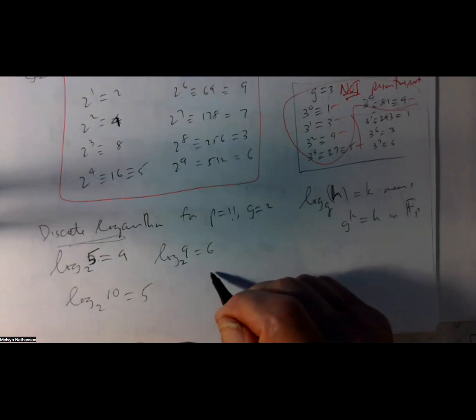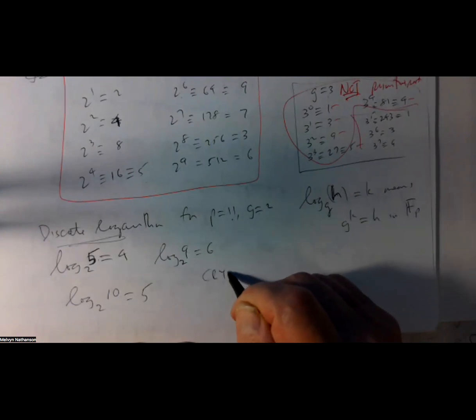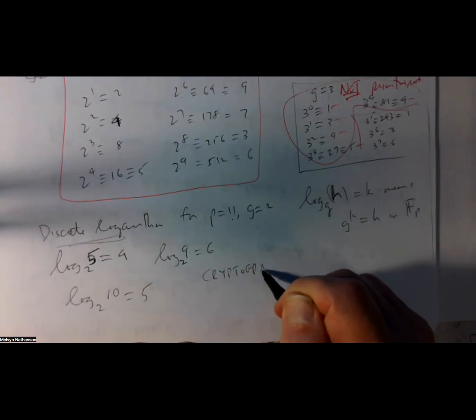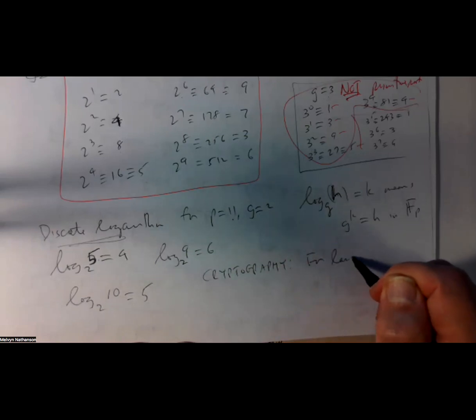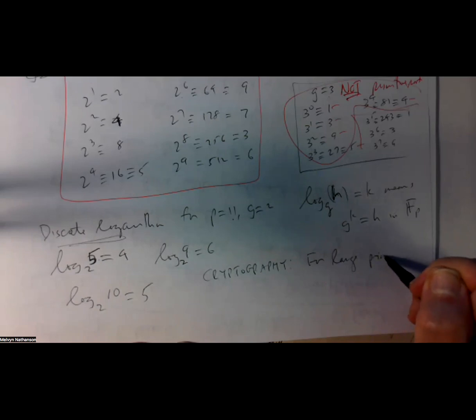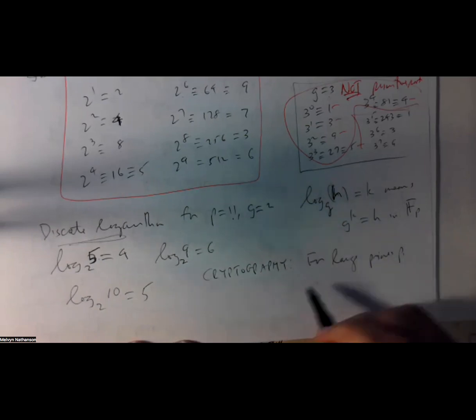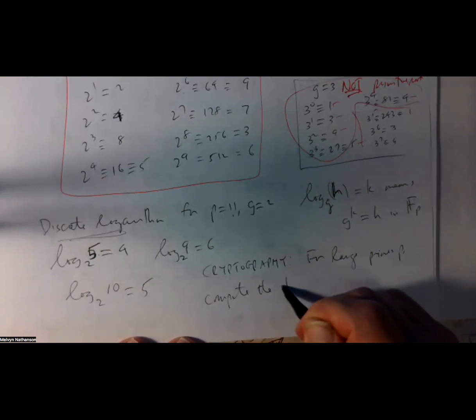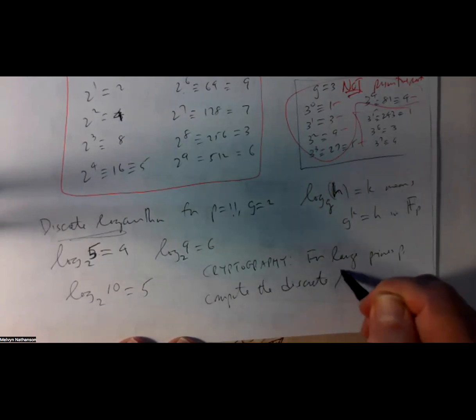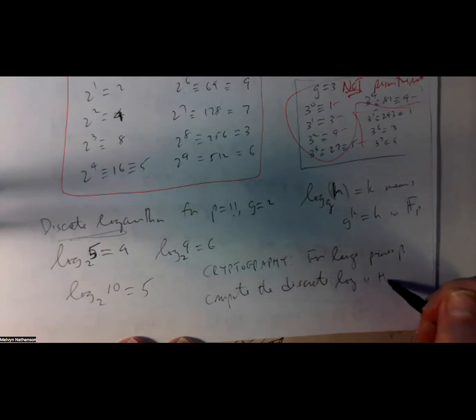And the important point in cryptography is that for large prime numbers p, computing the discrete logarithm is a very hard problem.